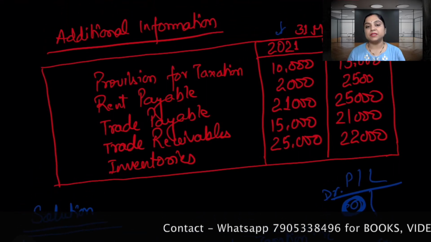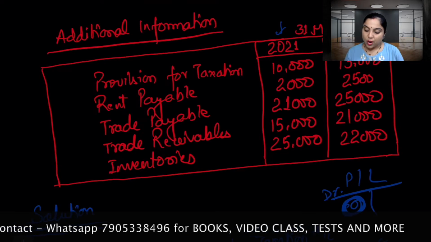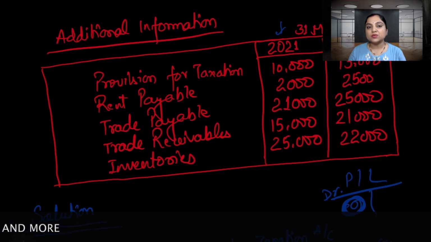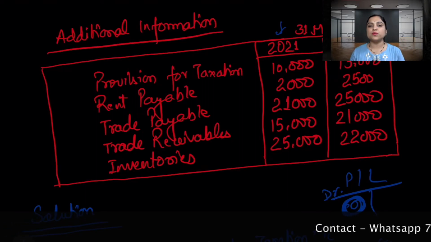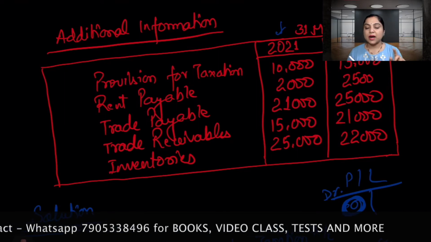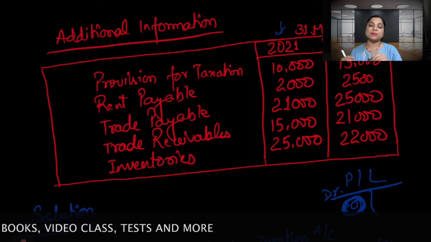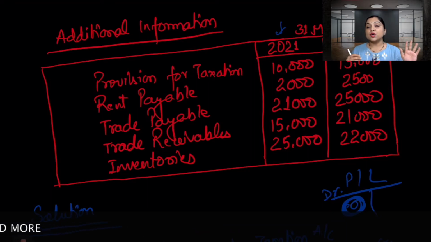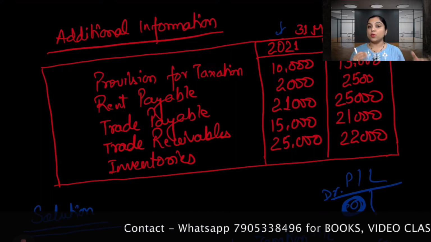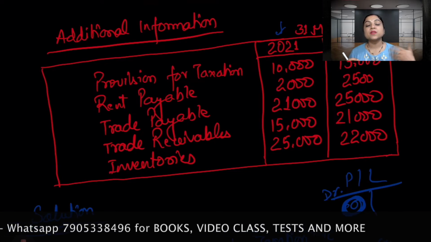We have trade payable. These are the creditors. Earlier the creditors were 21,000, but currently it has increased to 25,000. How is it beneficial? That means we bought some goods or stock items on credit basis. We didn't pay yet. We bought a lot on credit. That means our pocket is still more with the cash and bank by rupees 4,000.